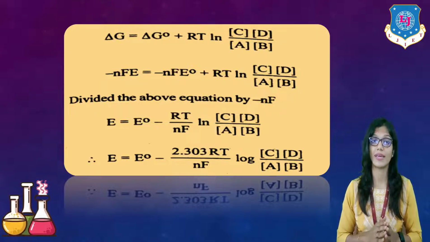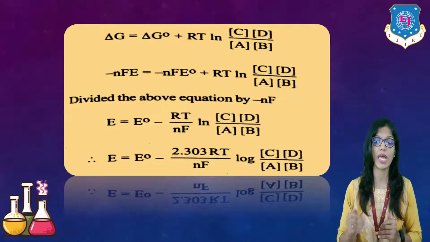So E is equal to E0 minus 2.303 RT, capital R into capital T. The value of R is already known.